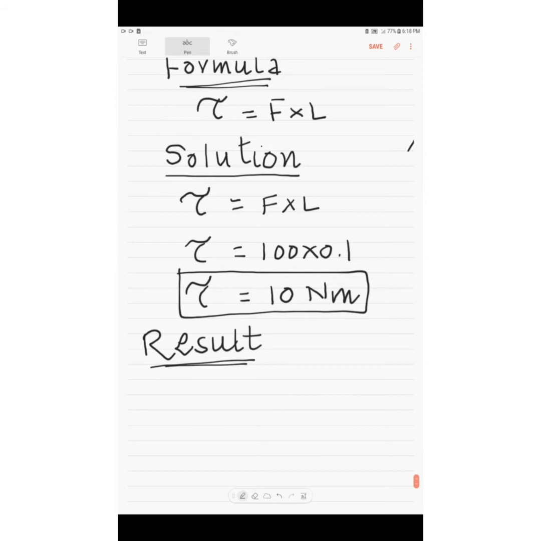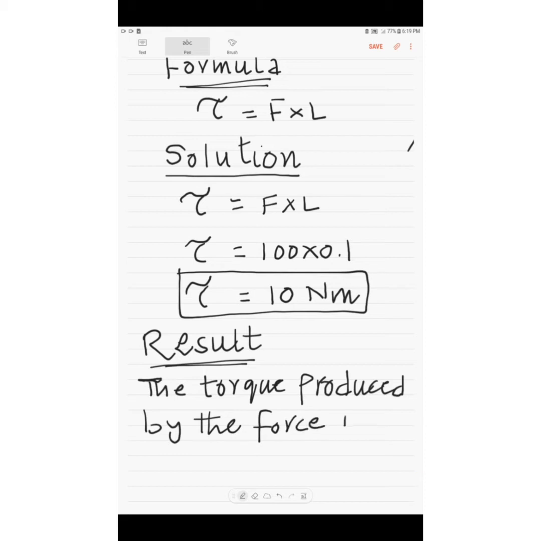Result is: the torque produced by the force is 10 Newton meter.